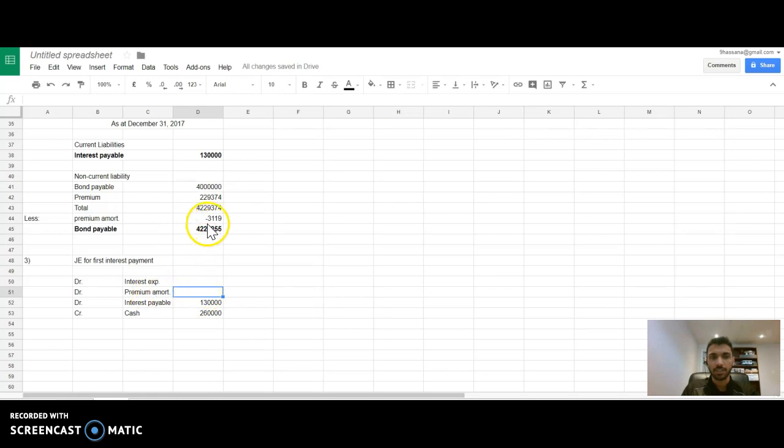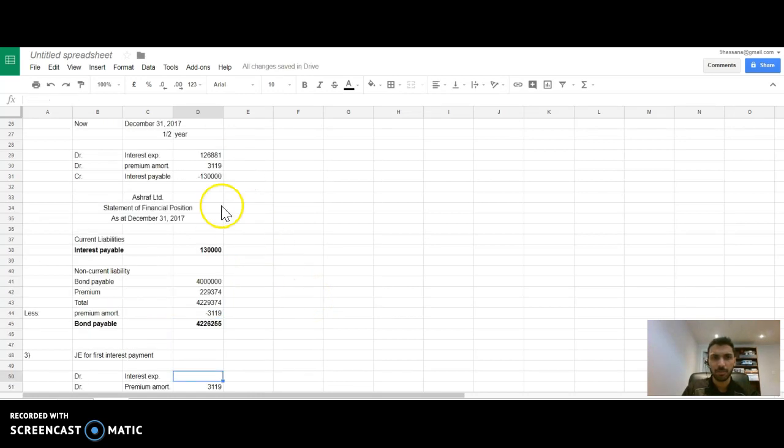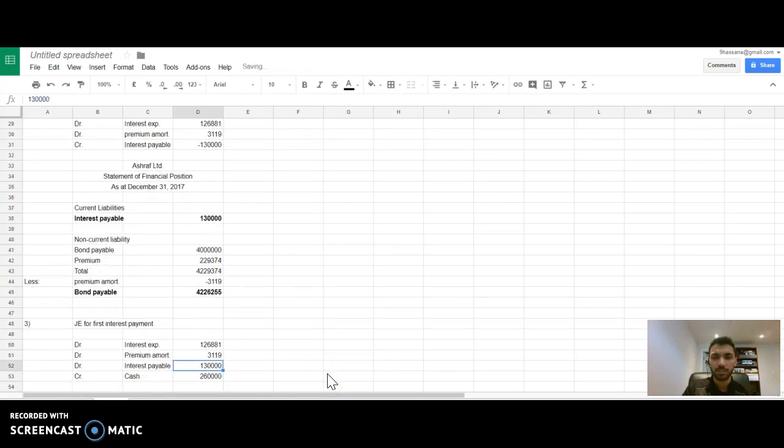What you would do is, since you calculated for the first half of the year, this premium amortization would stay exactly the same as 3,119, and the interest expense that we calculated up top over here will also stay exactly the same as 126,881. And the reason for that is because this is an annual interest payment. So we put half of it in the first half of the year, and we put the other half in the second half of the year.